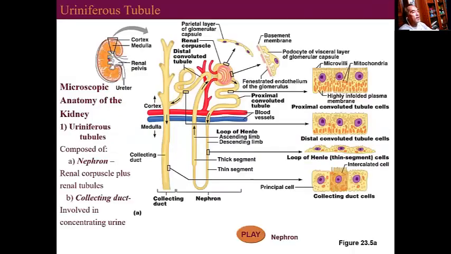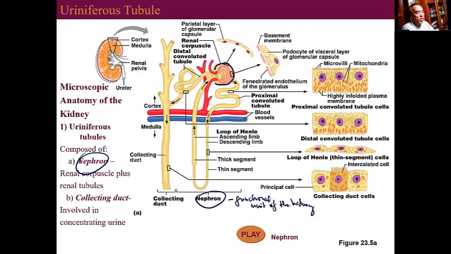Okay, all right, so let's now take a look at those microscopic structures. We're going to take a look at what a nephron is. So a nephron is actually the functional unit of the kidney. The nephron is the one that will take in the filtrate. It is like a cup that surrounds the glomerulus.